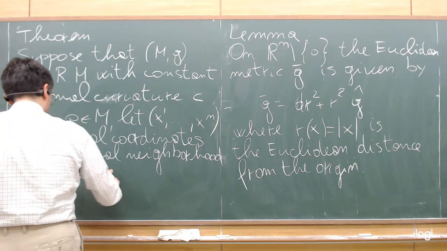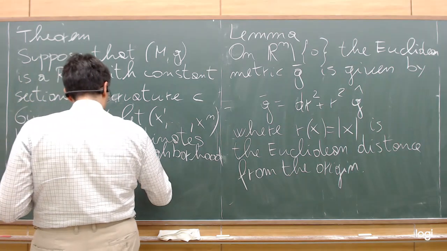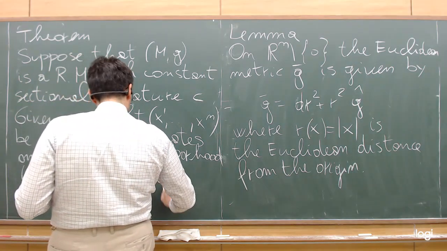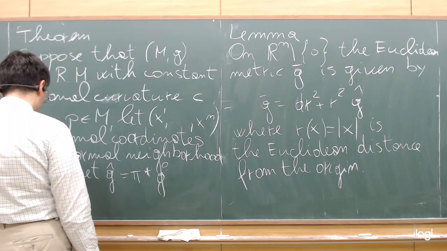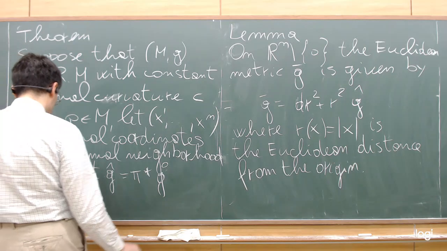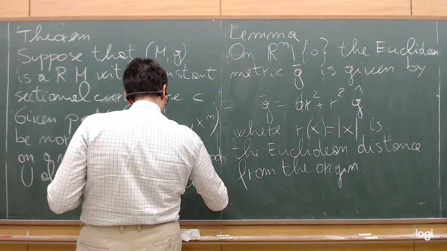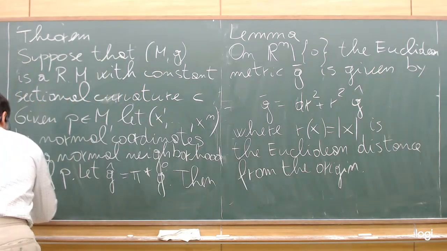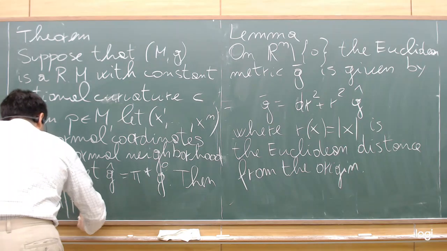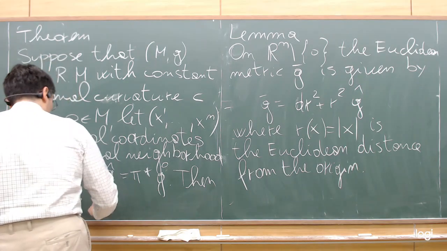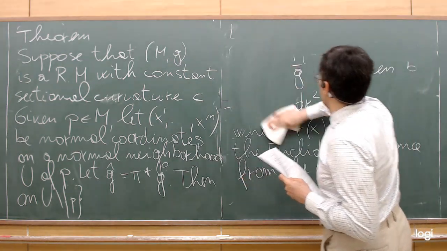Let G hat equal the pullback of G circle, then on U minus p the following formula holds true.